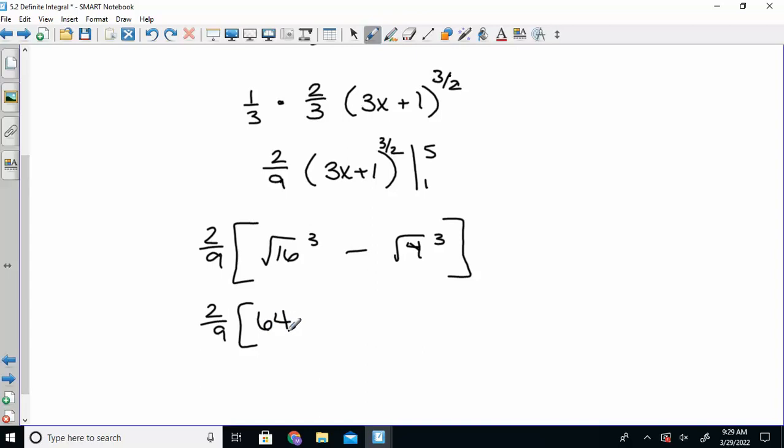Square root of 16 is 4, to the third is 64. Square root of 4 is 2, to the third is 8. So you get 2/9 times 56.